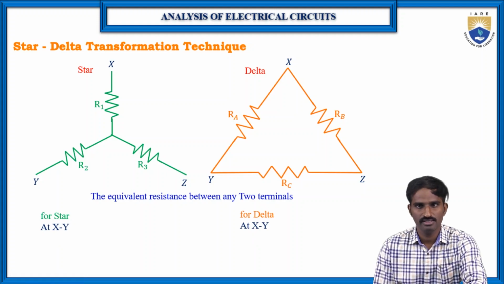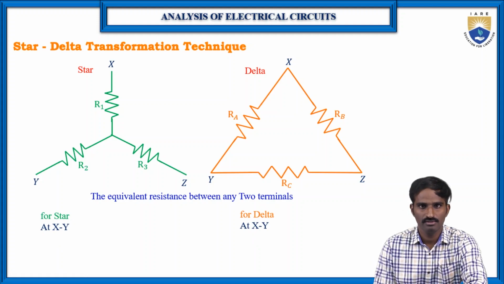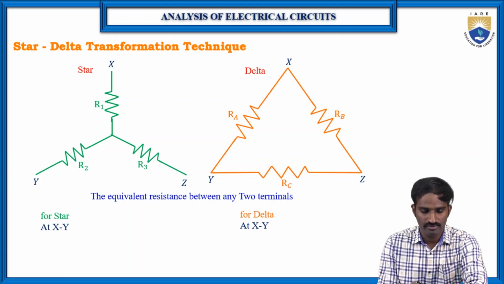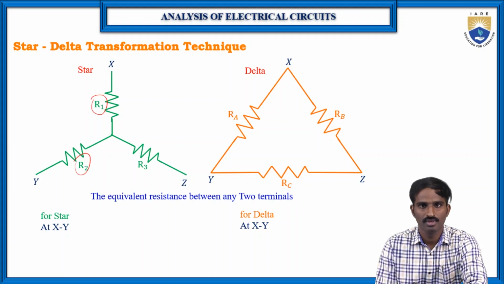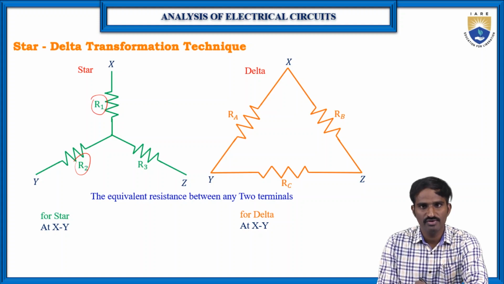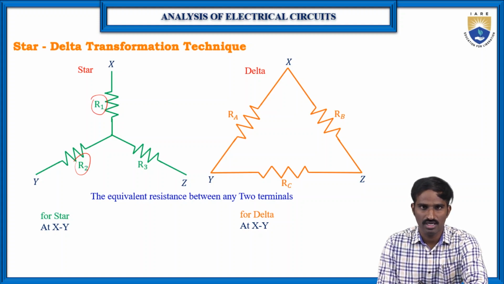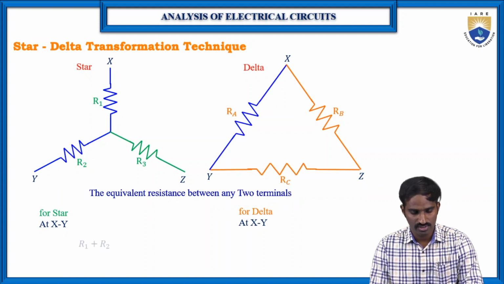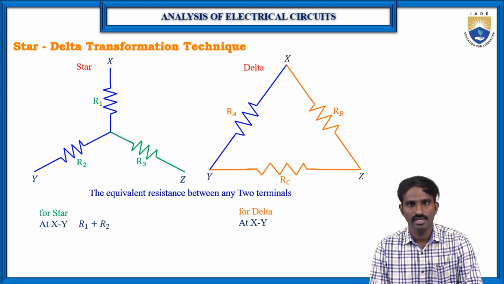First let us consider the star network. At X and Y, what are the two resistors in between? R1 and R2. Then the equivalent resistance between the X and Y terminals is R1 plus R2, because we are just neglecting the R3 terminal. So as you can see, the equivalent resistance between X and Y is R1 plus R2.